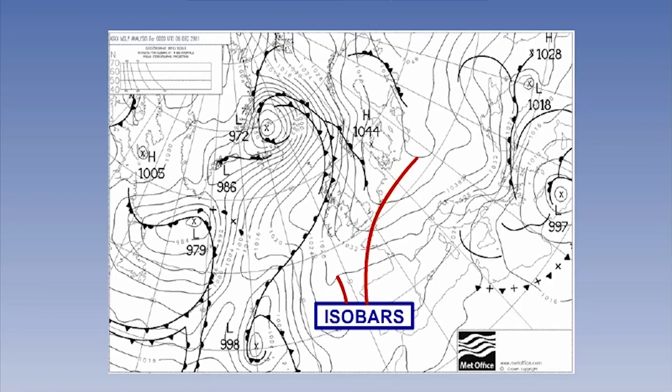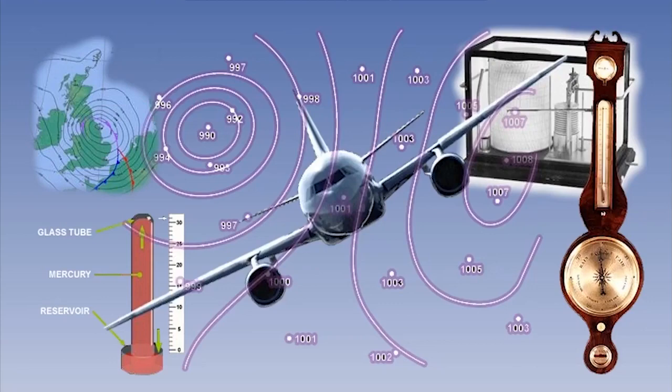These surface pressure charts are commonly seen in weather broadcasting and weather briefing information. As you can appreciate, pressure is fundamental in meteorology and aviation. Throughout this CD-ROM, pressure is mentioned and discussed many times.